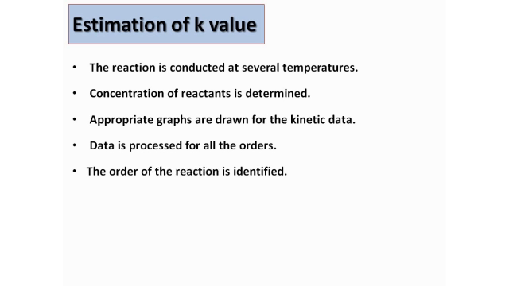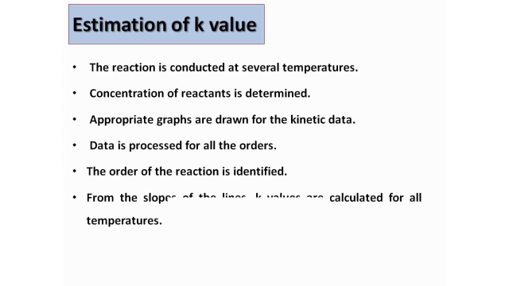The order of the reaction is then identified, which order the reaction is following. Then from the slope of the lines, the K value will be calculated for all the temperatures. Suppose for 25 degrees centigrade at room temperature, what is the value of K? For 35 degrees centigrade, that is the 10 degree rise, what is the value of K? Like that. Clear?